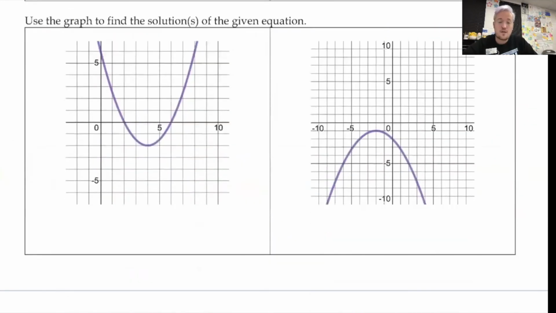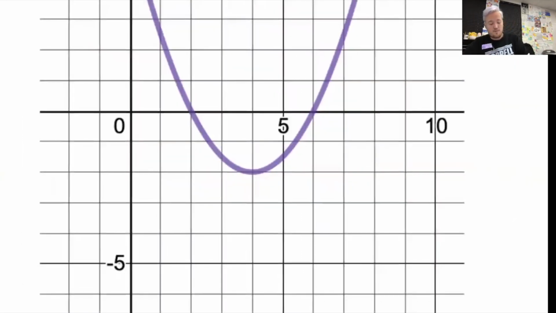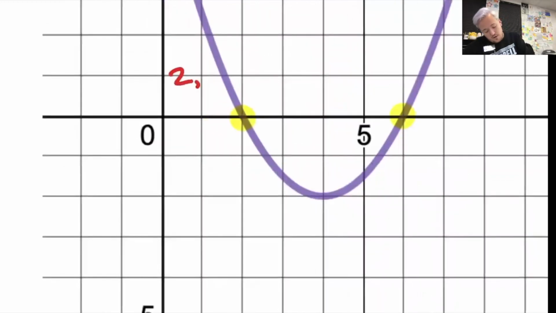All right, so now looking at the graph, if we want to find the solutions, you are really just looking for those x-intercepts. So here for this first one, we have 2 roots, or 2 solutions, or 2 zeros, whichever you want to call it. The coordinate of this first zero is 2, 0, and we have 6, 0.